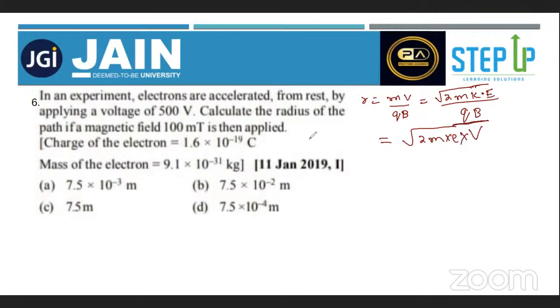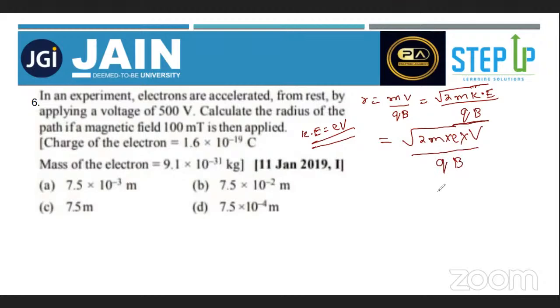Because for any charge accelerated with a potential V, we write the kinetic energy as e times V. If it is helium, I'll write it as 2e times V. For a proton, again it is e into V, upon qB.